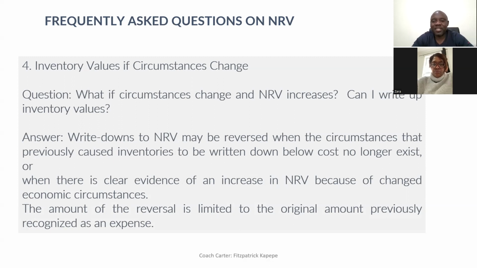The amount of the reversal is limited to the original amount previously recognized as an expense. Always limited to that. You cannot go beyond. Because what you are reversing has a ceiling.